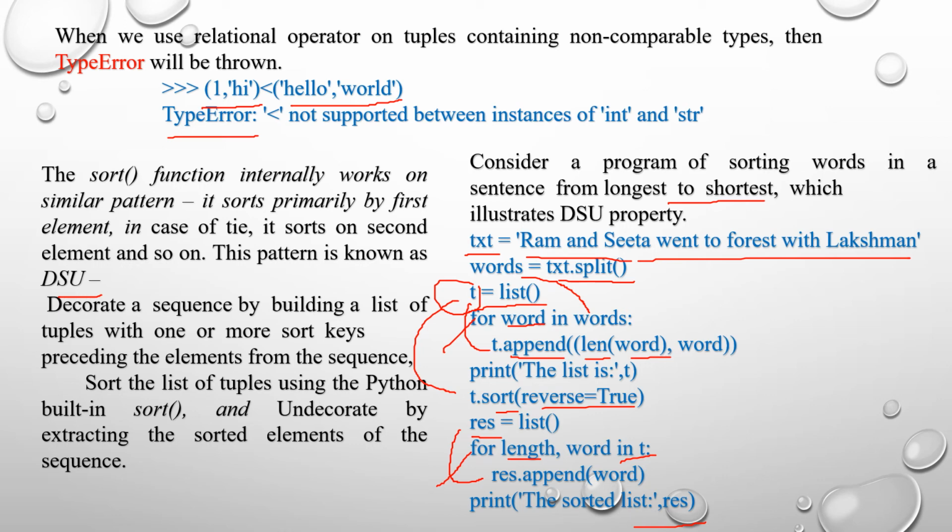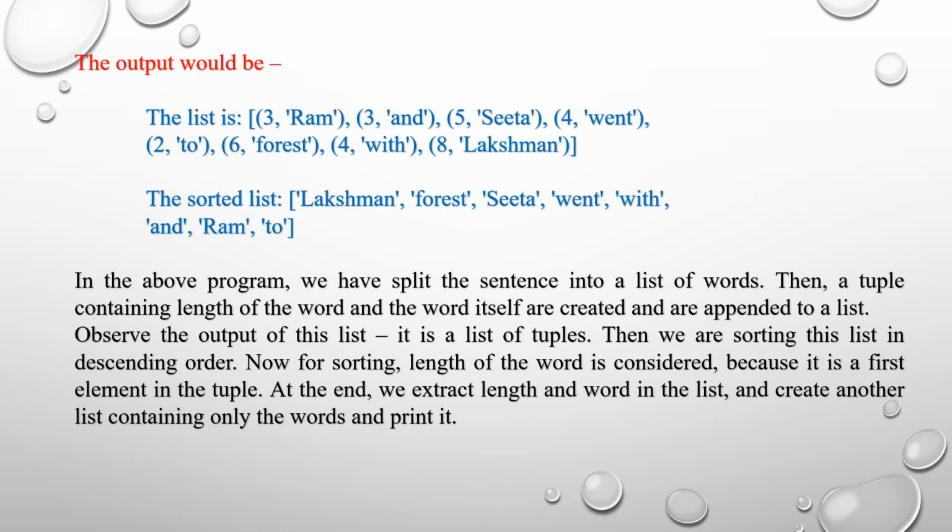This entire program will sort the sentence in descending order and also count the number of alphabets. The output would be: the list is 3, Ram.